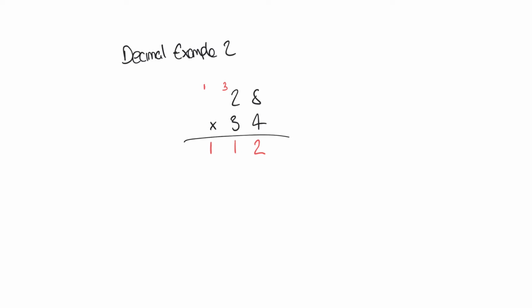But you'll notice that we've neglected this 3 here, which hasn't come in to any of our calculations yet. We've just done 4 times 8 and 4 times 2. The next set of multiplications that we're going to do are multiplying 3 by 8 and 3 by 2 to give us our complete result. And so we're going to do the same thing again.